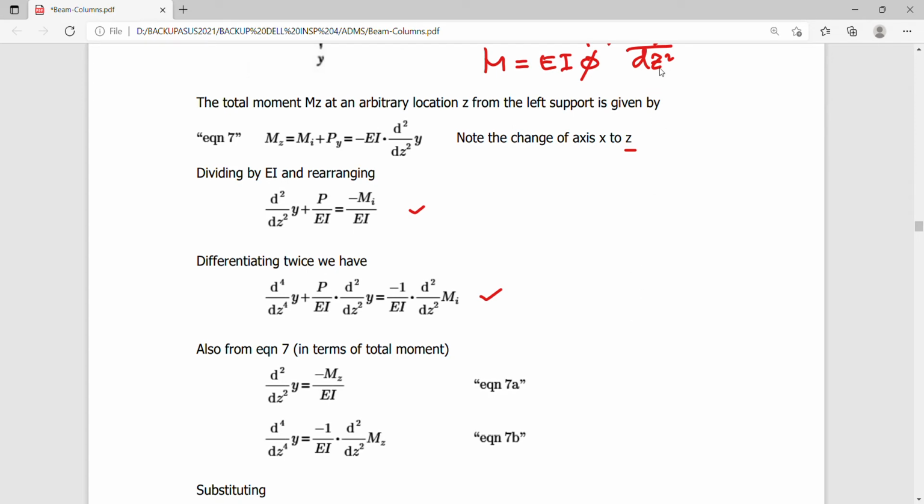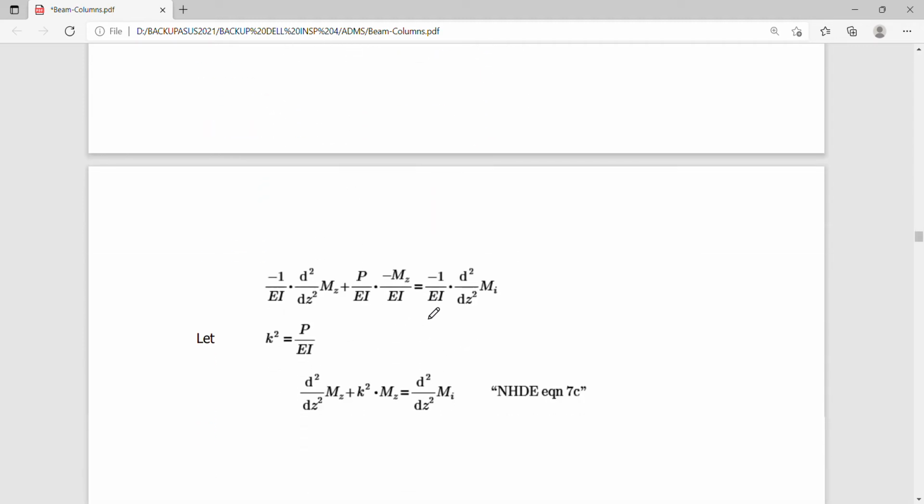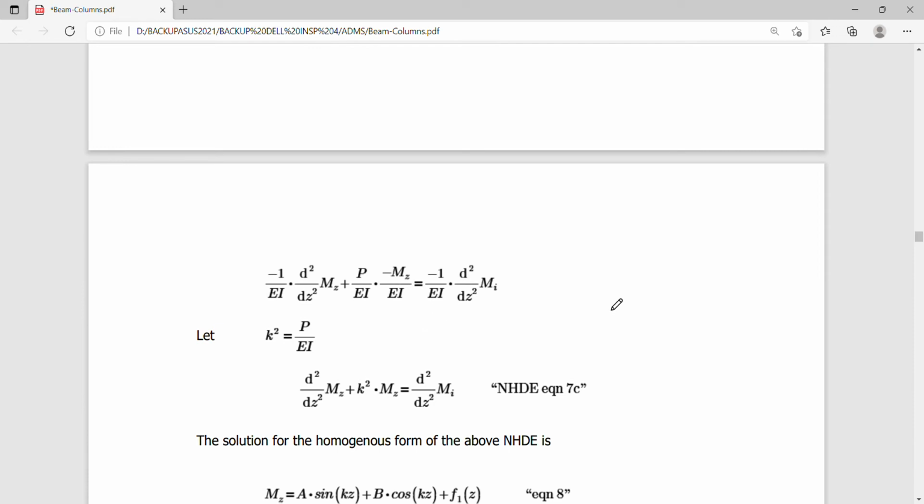The curvature which I have defined a while ago is actually differentiated twice here, so that we can make an expression or a relation to be substituted in this working differential equation, such that these two equations, equation 7a and 7b, will transform this equation to this equation by simple substitution.